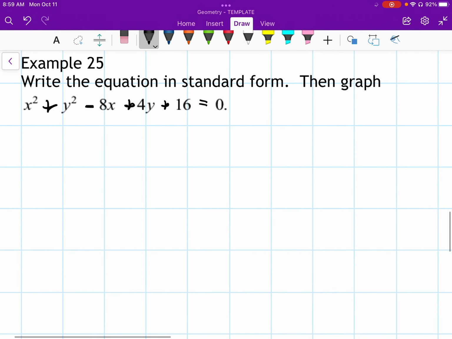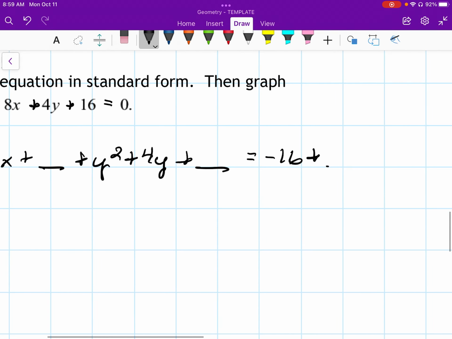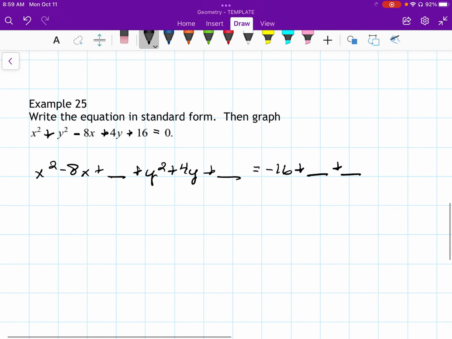So rewriting this one in order, I would have x squared minus 8x plus blank plus y squared plus 4y plus blank equals, I'll have negative 16 plus blank plus blank. Right, I moved that 16 to the right side, so that makes it negative.